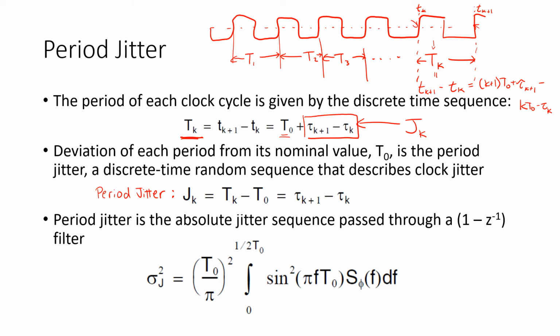It's a sequence of numbers that tells us how far away in seconds each clock period is from its nominal value. And this is something that is easily measured on an oscilloscope, for example. You can imagine triggering an oscilloscope on one rising edge and then looking at the next rising edge.